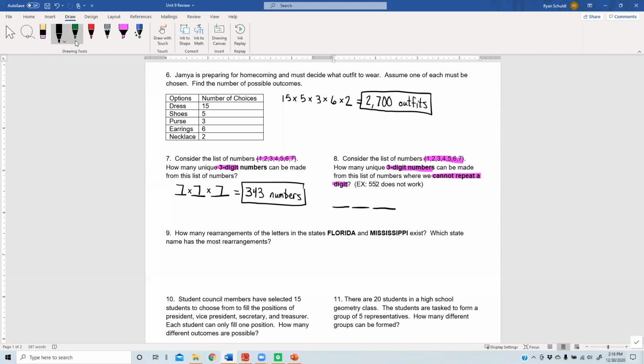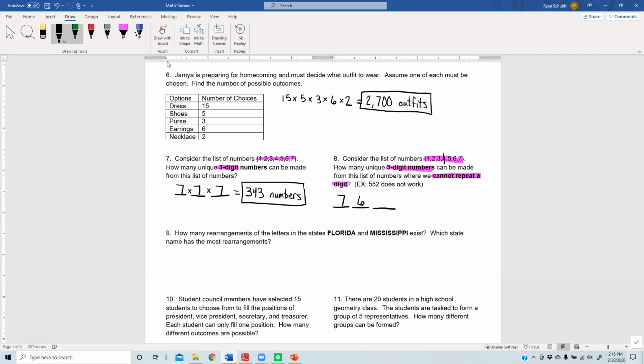Now, how many options do I have to choose from for the first blank? 7. I have all 7 to pick from. Let's say I choose a 4. I cannot reuse the 4. So how many options are left? 6 options are left.